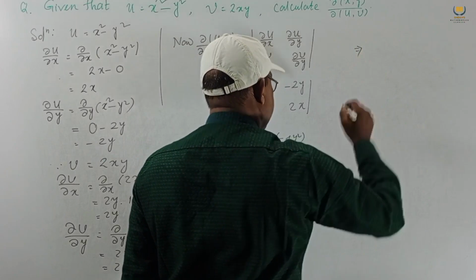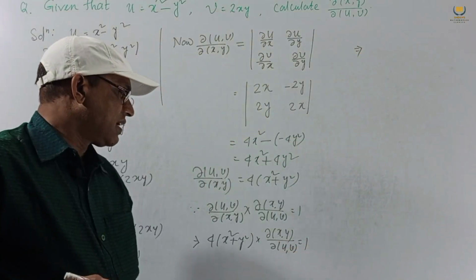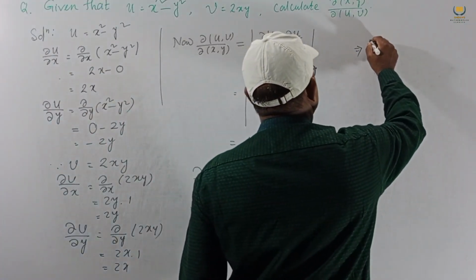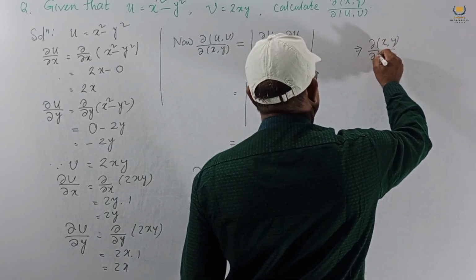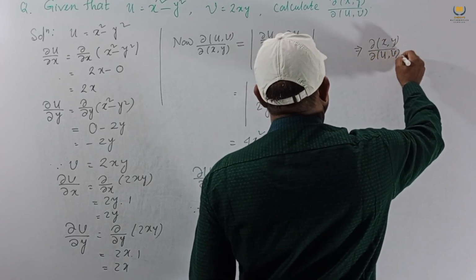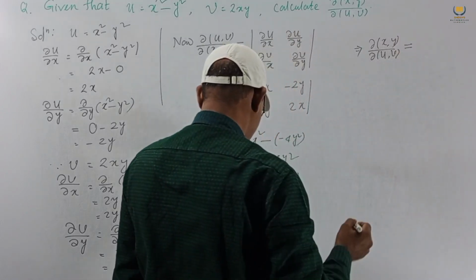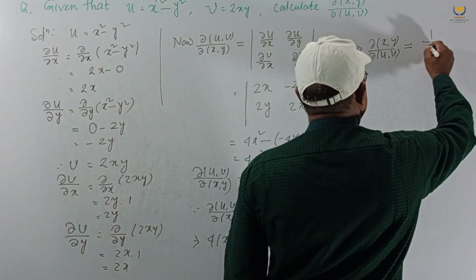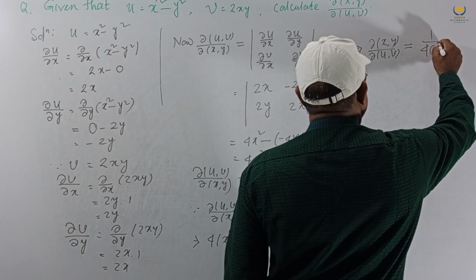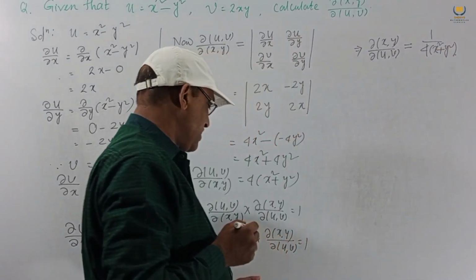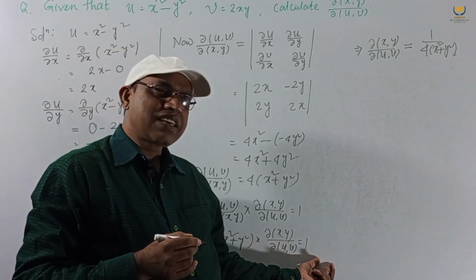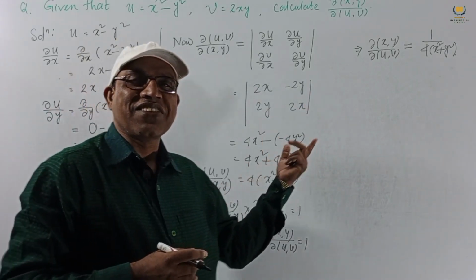This implies, dividing the right side, we get ∂(x,y)/∂(u,v) equals 1 by 4 into x squared plus y squared. So this is our answer.